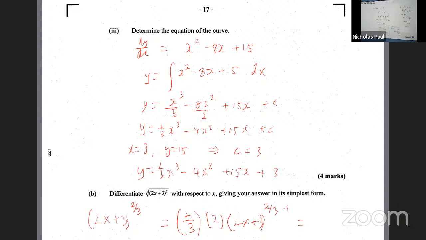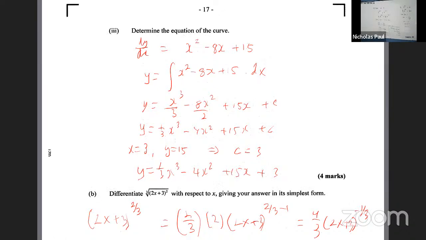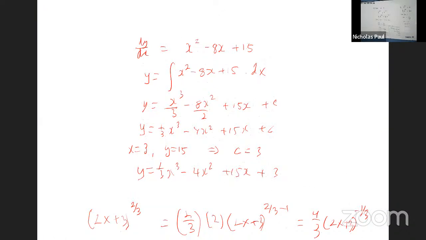So that'll be 4/3 by 2x plus 3 to the minus 1/3. Right? But you can't leave it like that. So that'll be 4/3 over the cube root of 2x plus 3.